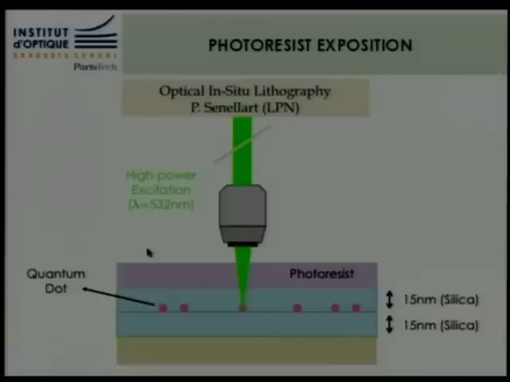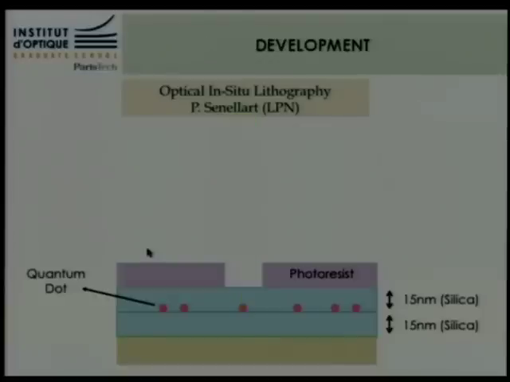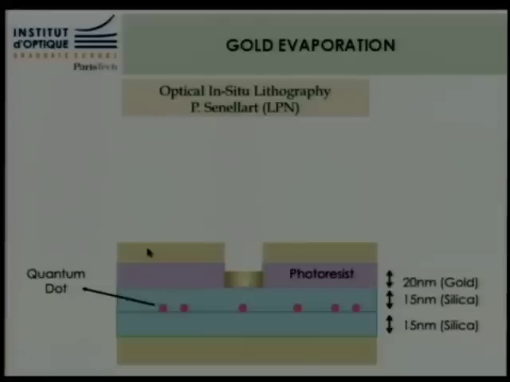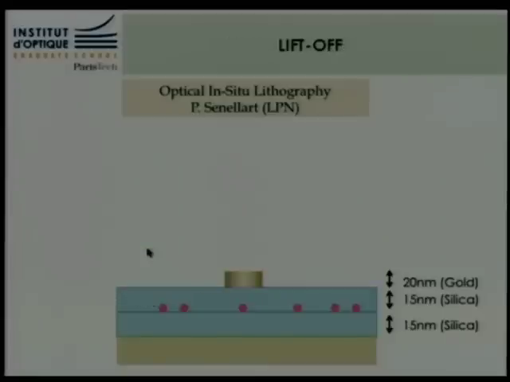And the longer the exposition time, the larger the size of the disk exposed. So then we develop the photoresist, leaving a cylindrical hole, and we evaporate a thin layer of gold to fill the hole to generate the disk. And we eventually perform a liftoff of the sample.